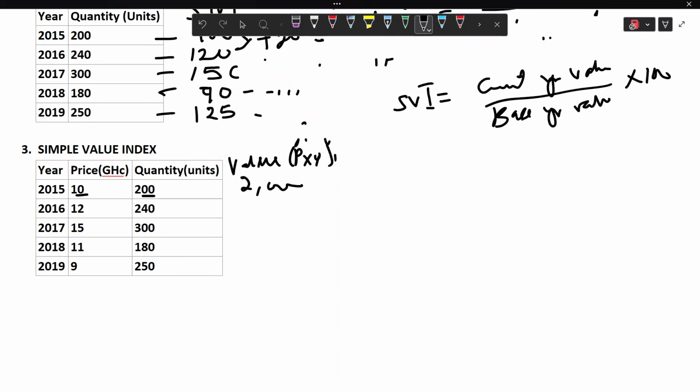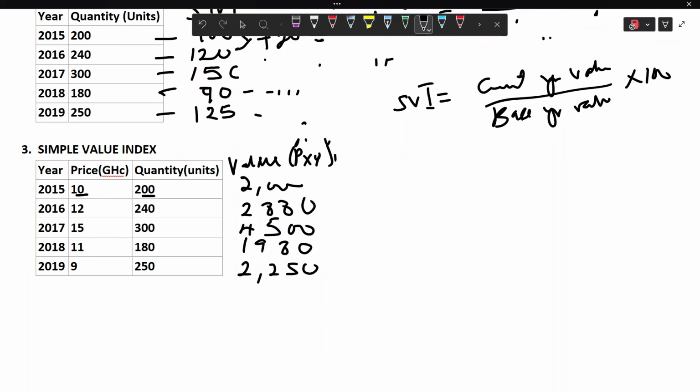Then we have 12 times 240, 2880. 15 times 300, 4500. 11 times 180, 1980. Then lastly 9 times 250, 2250. So now we have our values.